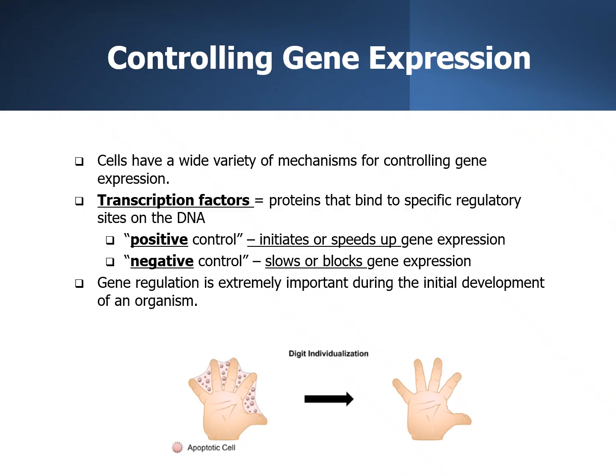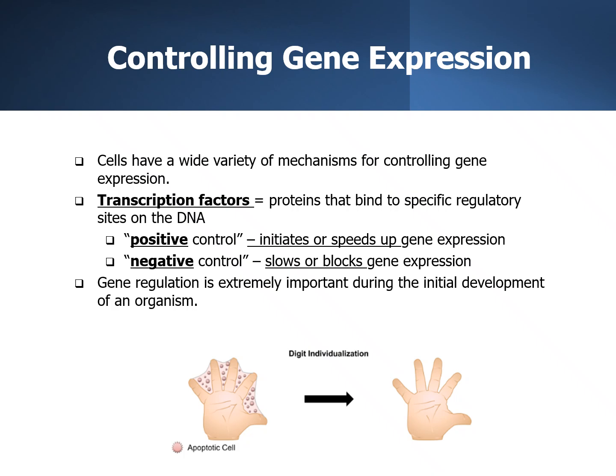And one of the things I want to get across is where we see these transcription factors be really important is during the initial development of an organism. So you can think of a human fetus. A fetus is going to need a lot of these transcription factors to turn on and turn off gene expression to start producing those structures that will become potentially something like fingers.